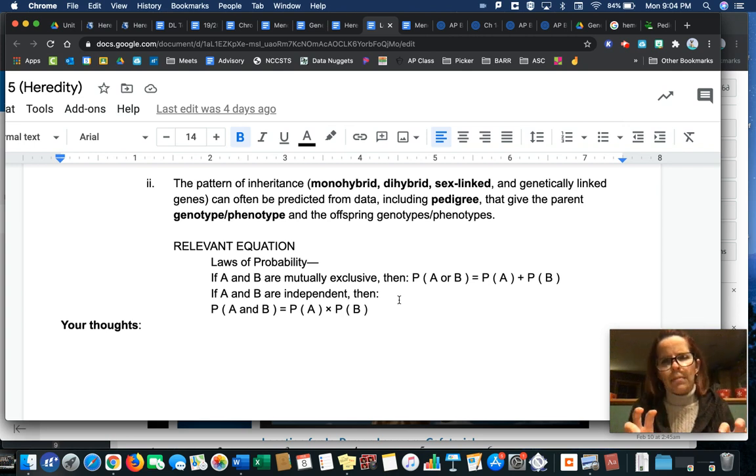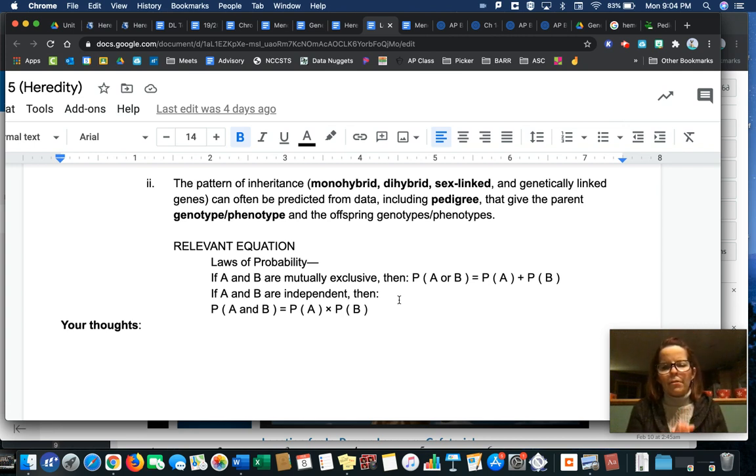And I strongly recommend that, because on the test, you will almost certainly be given something way harder than a dihybrid. I'll probably give you a pentahybrid. Is there such a word? I can't remember. Like 5 different traits, and you just need to do the monohybrids on all of them and multiply them together, and that will give you your probabilities.